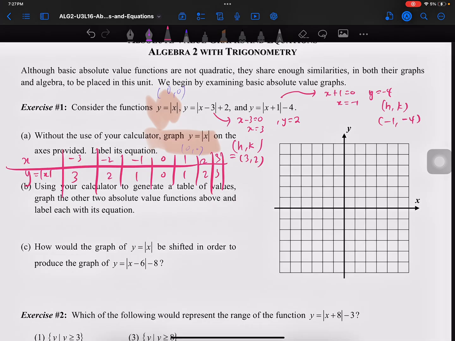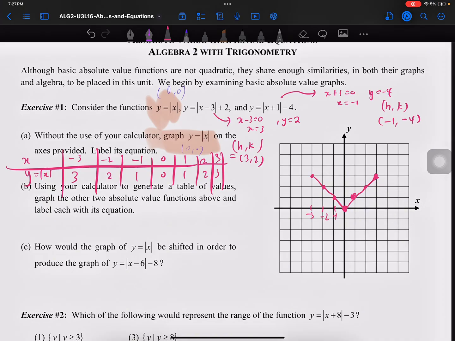So we'll plot the graph: 0, 0; minus 3, 3; minus 2, 2; minus 1, 1; 1, 1; 2, 2.